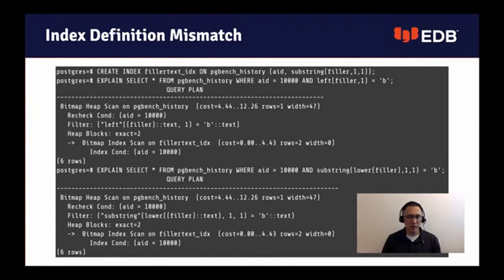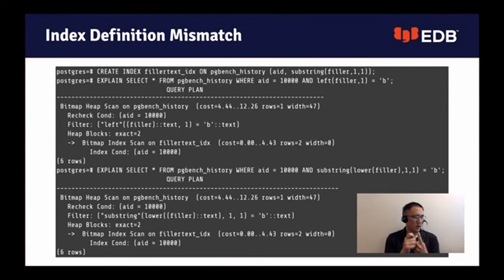So it's not just based on the cost, but also based on how you write the query. In this example, I've created an index on pgbench_history, and that index is based off 2 columns. It's based off the aid column and then a substring, the first letter of the filler column.